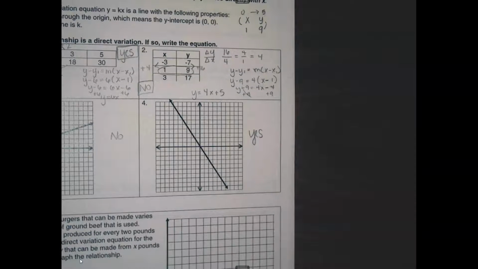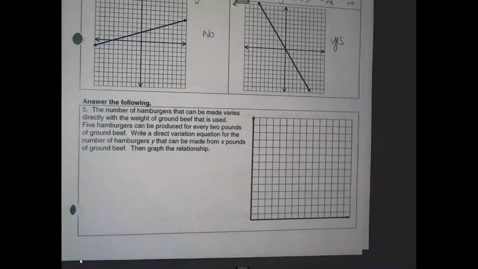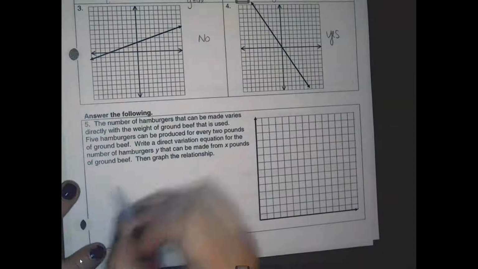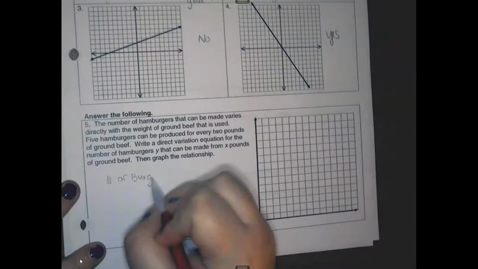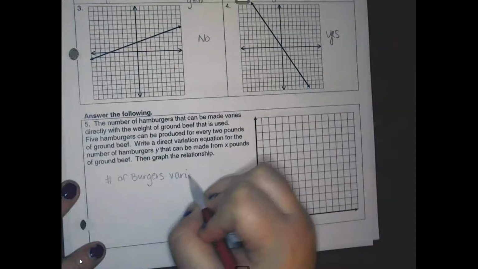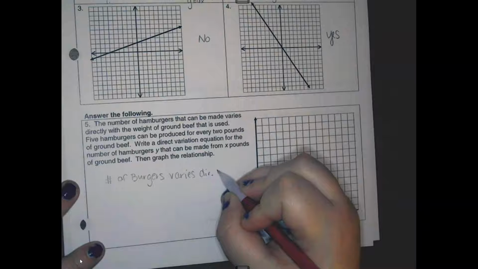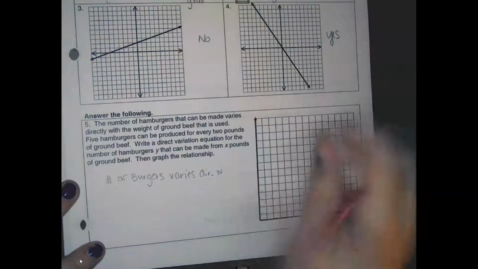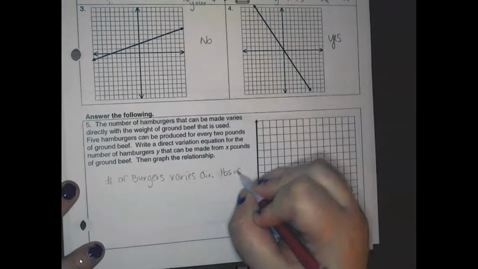All right, let's look at number 5. The number of hamburgers that can be made varies directly with the weight of ground beef that is used. Okay, so we have that number of burgers varies directly with the weight, I'm going to put pounds, LB, pounds of beef.